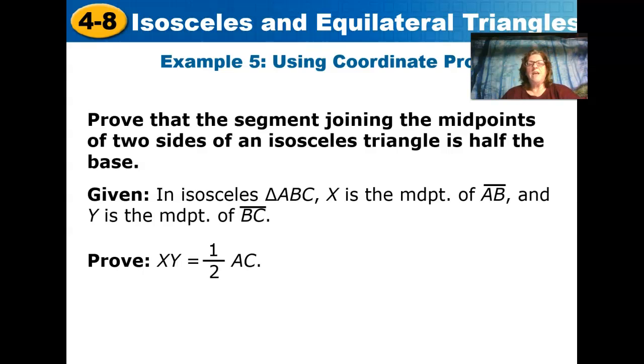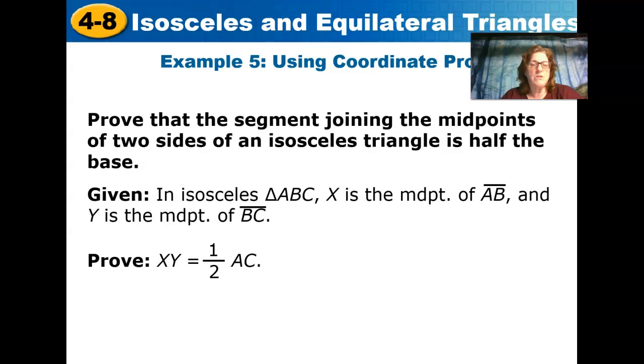Okay, example 5 deals with proving that a segment drawn in an isosceles triangle, at the midpoint of each of the sides that are congruent to one another, is half the measure of the base.